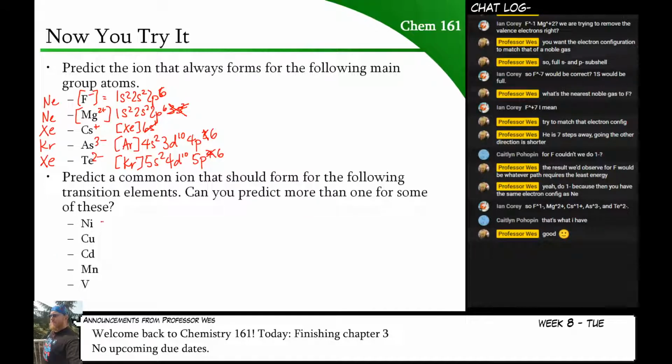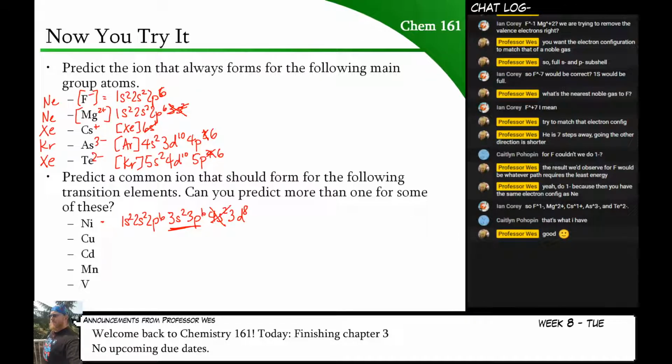For these bottom elements down here, if I write out their electron configuration, and then how many are for nickel? 8, right? Yeah. I want to have a full S and P subshell in the valence layer.